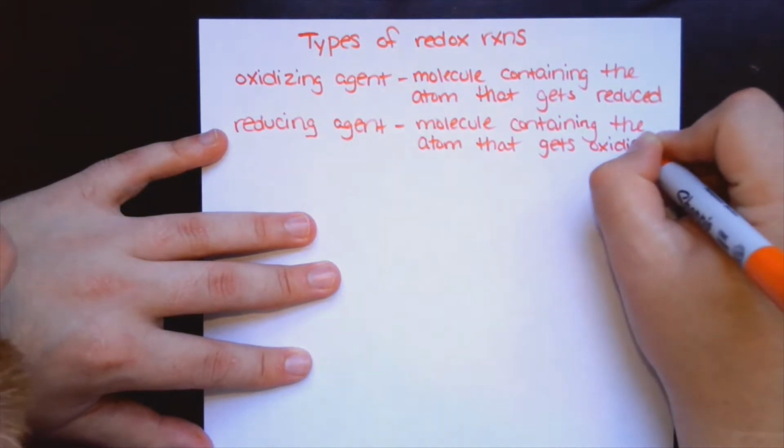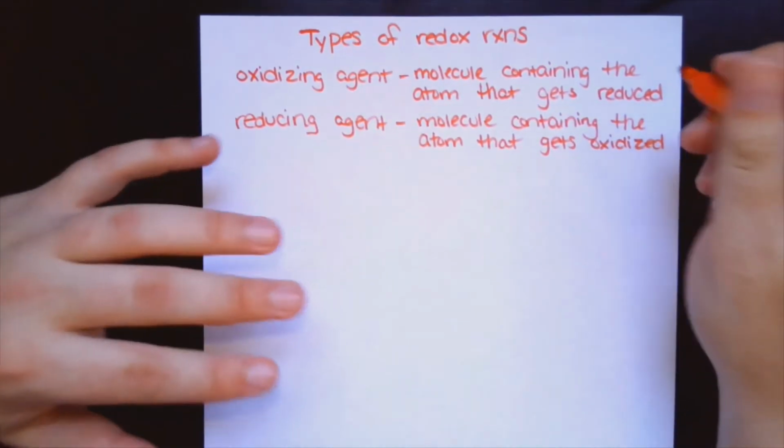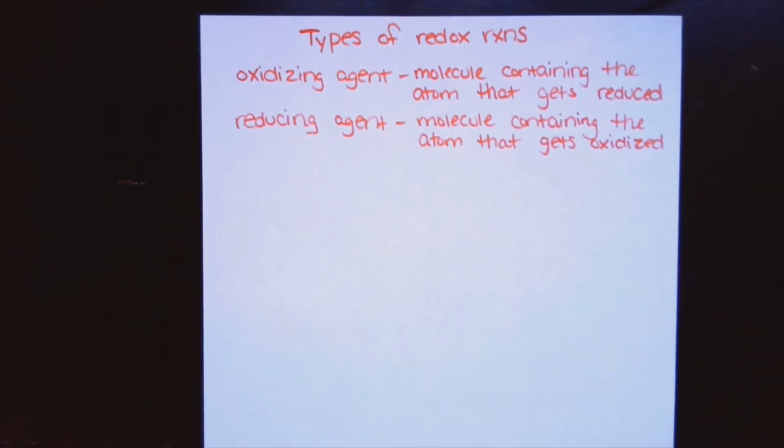So what do these mean? Well, the oxidizing agent, again, it's a molecule that contains the species being reduced. So since itself is reducing, that means that it's allowing another species in the chemical reaction to oxidize.